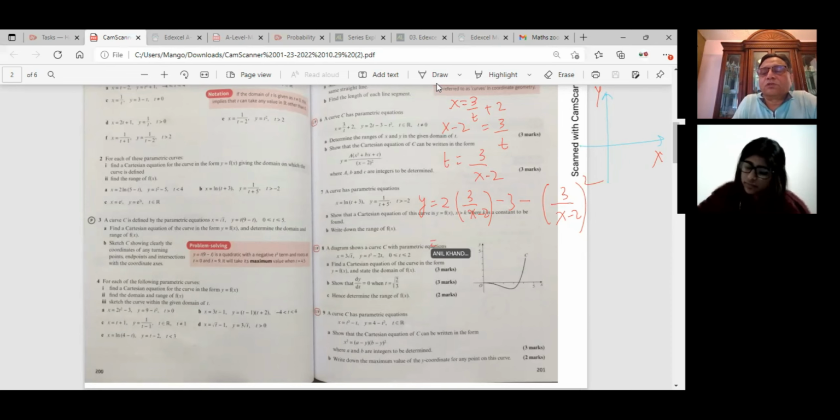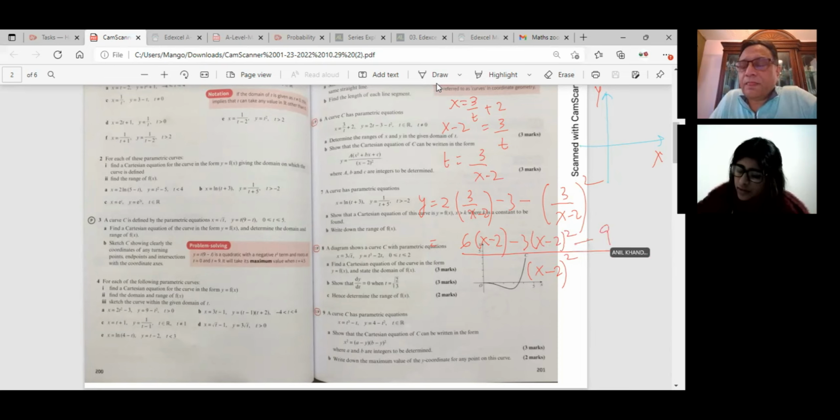The x minus 2 whole squared is in the denominator, so do not expand the denominator, right? In the numerator, we get 2 times 3, 6 times x minus 2, and then we get minus 3 times x minus 2 whole squared. And here we get the square of 3, which is 9, so we get minus 9. Is it okay?